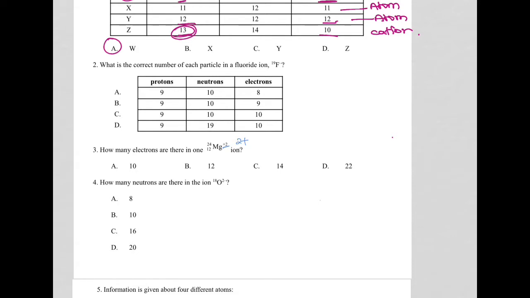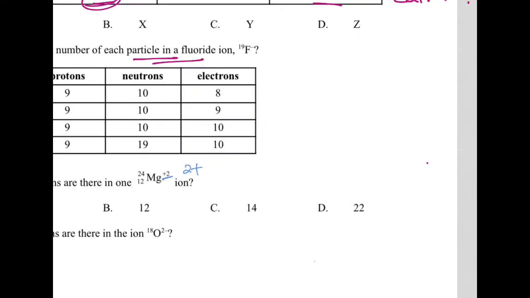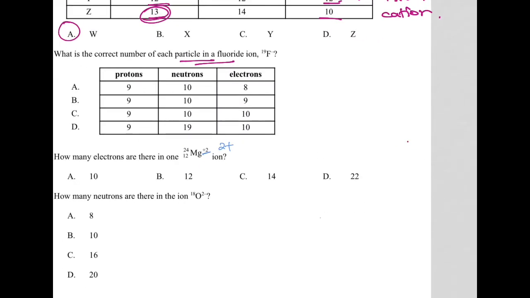Then you have to find the number of each particle in F minus. If you check in the periodic table, or you don't necessarily need to check in the periodic table, it's an MCQ question, and you find that the number of protons is 9 everywhere. So no need to even check in the periodic table. So proton is 9.